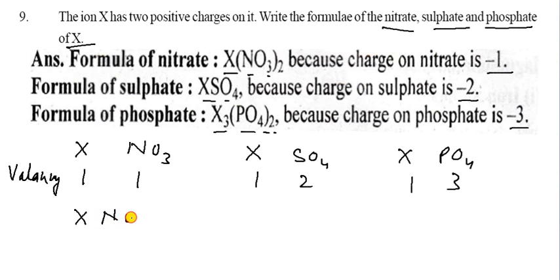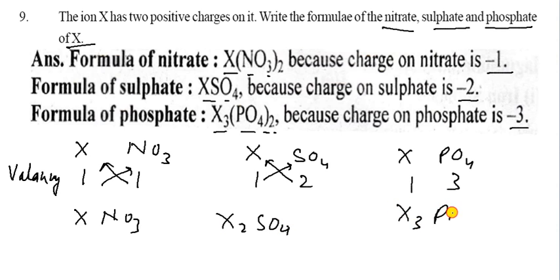So you have to write the formula. It is XNO3 like this, and X2SO4, and X3PO4. So you have to write like this. That is the answer of this question.